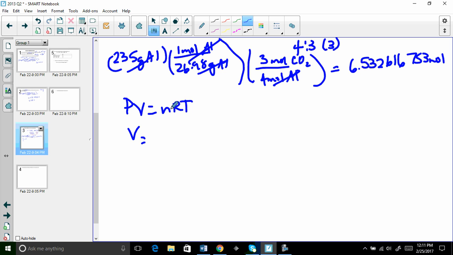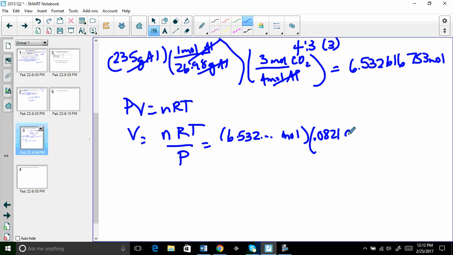So we got V equals nRT over P. Well, n is up here, 6.532 and so on, still in my calculator, moles. And then times 0.0821 atmospheres times liters over mole times K, and then times 301 K.